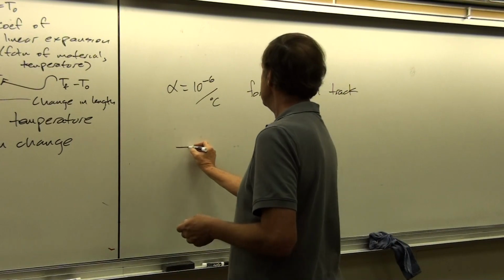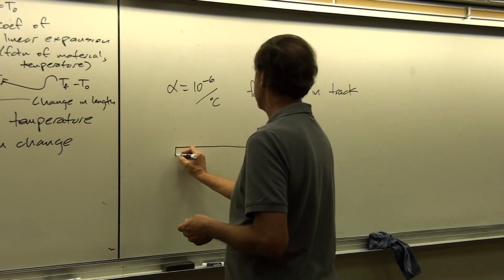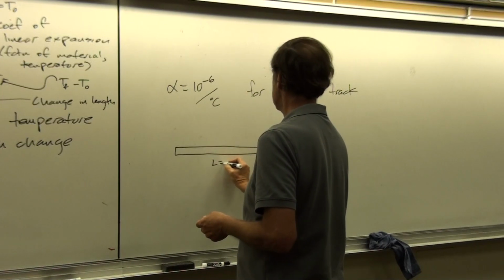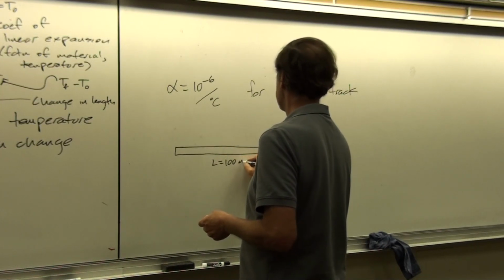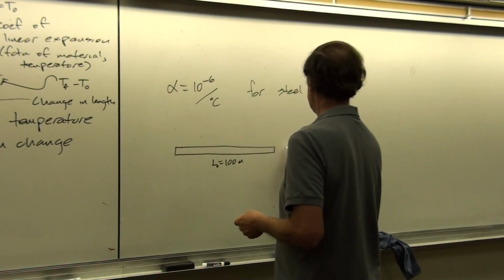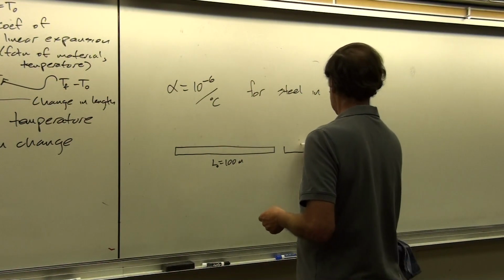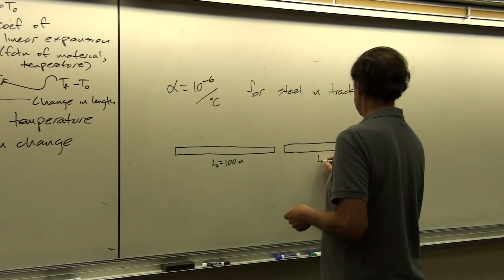So let's say that each length of track has a length here that's equal to, let's say, 100 meters. That's L naught. And then this next length of track has a length of 100 meters.